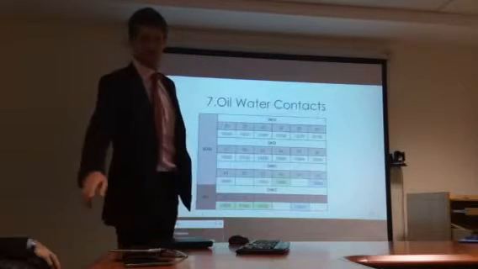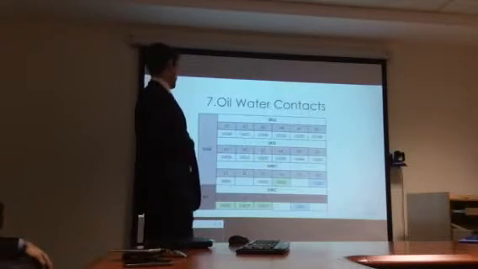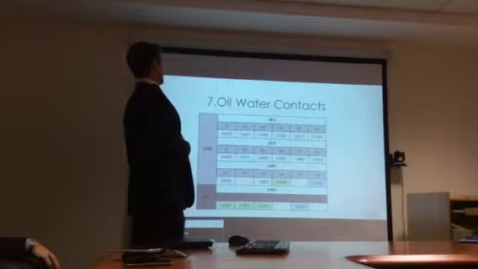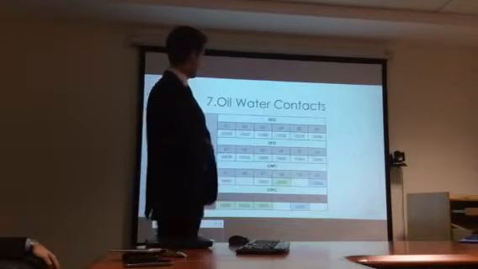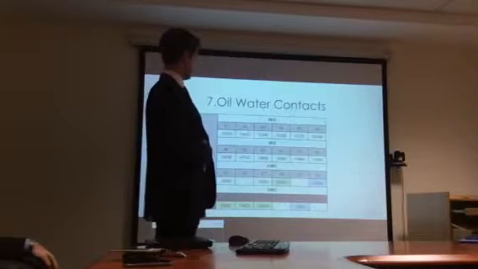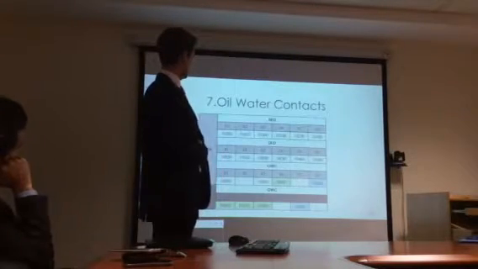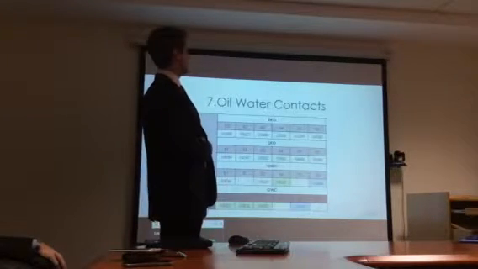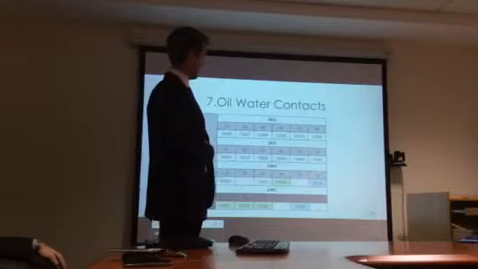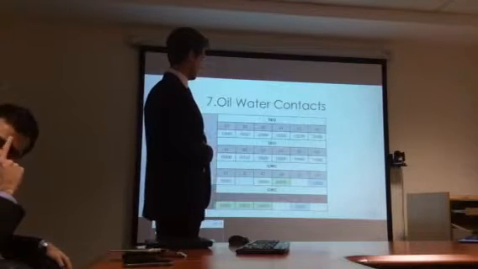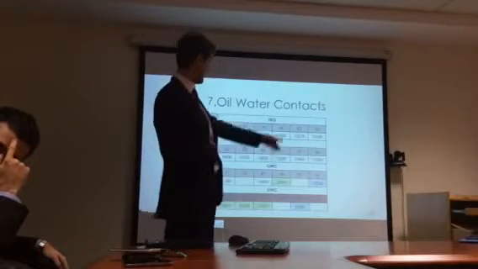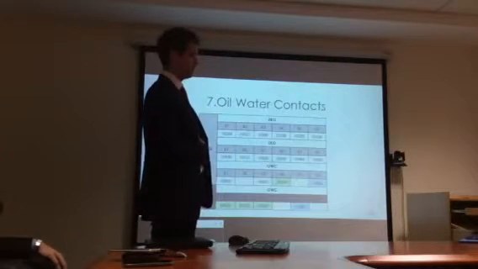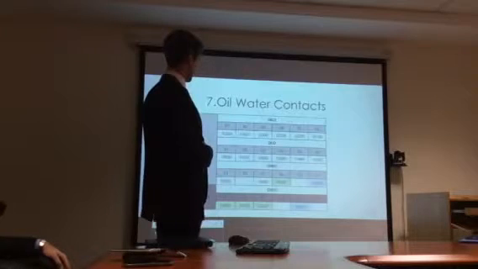So oil-water contacts differed throughout the reservoir. From repeat formation testing, we have reliable information on the oil-water contacts for 4 wells. 2 wells located in the northeastern sector of the reservoir, namely X5 and X6, highlighted in blue, have a shallower oil-water contact than the remaining wells.